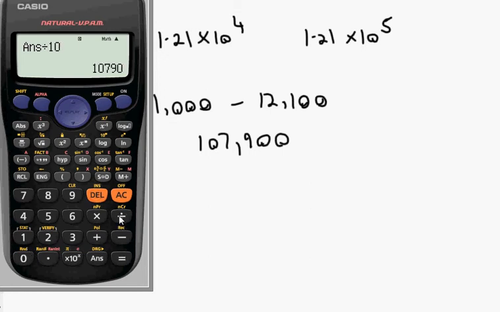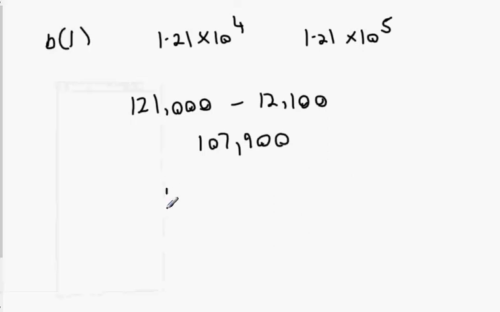Answer divided by 10, that's 2, 3, 4, one more, 5. You have to divide it 5 times by 10 to bring that number between 1 and 10. So that means it's going to be 1.079 by 10 to the 5.